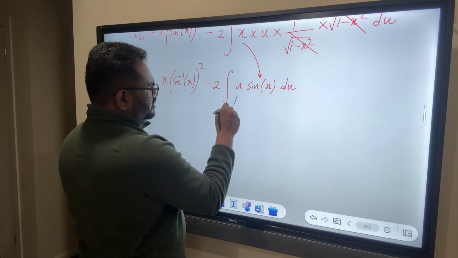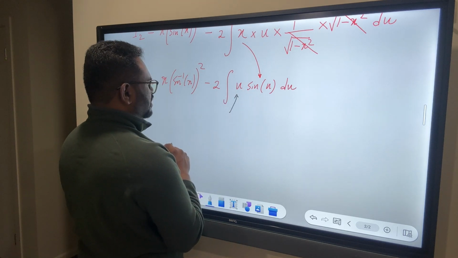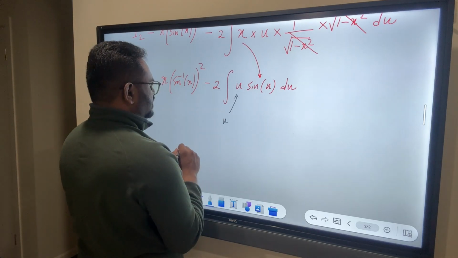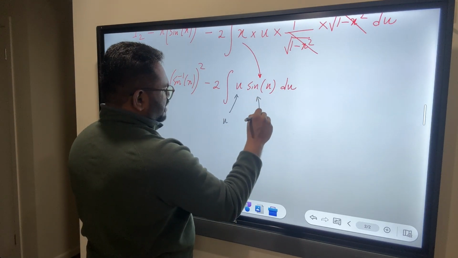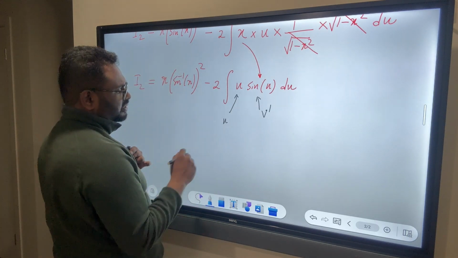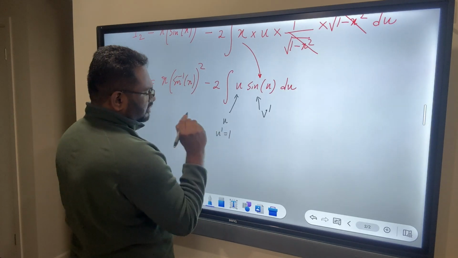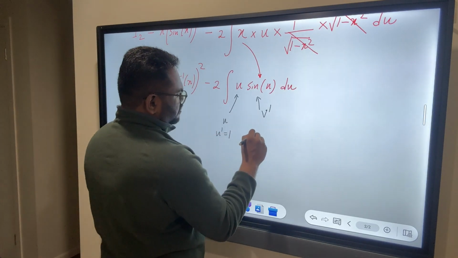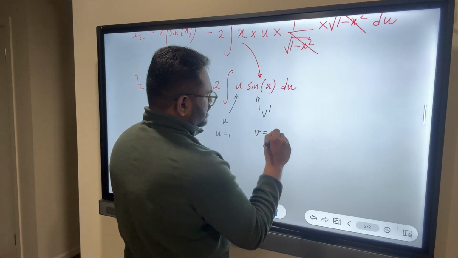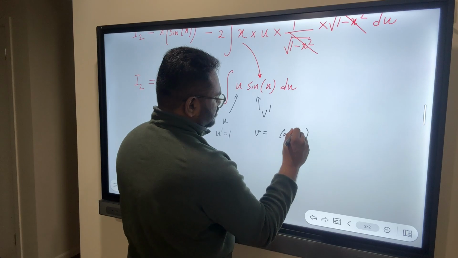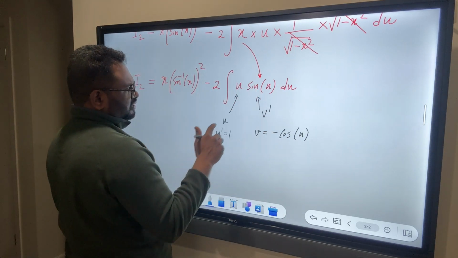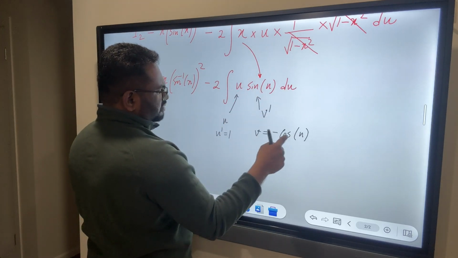I would say this is my u, and this is going to be my v prime. So by parts again. So u prime is going to be 1. Then v is going to be the integral of this one. So if you differentiate cos u, you get minus sine u, so you integrate this guy to get minus cos u.